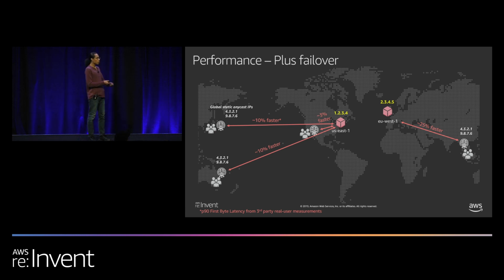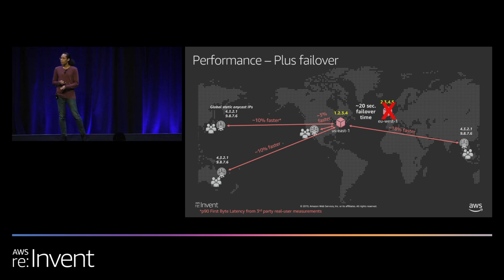Not only are you leveraging the performance improvements of the network, but your clients are being routed to a closer AWS region anyway. So of course, that's going to be more performant. And in addition, with the dual region mode, you get the benefit of having this failover protection. If services in one location become unavailable, then all new connections get routed to whichever region you still have available.